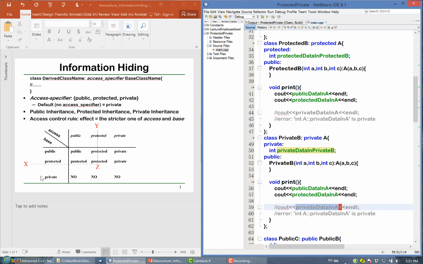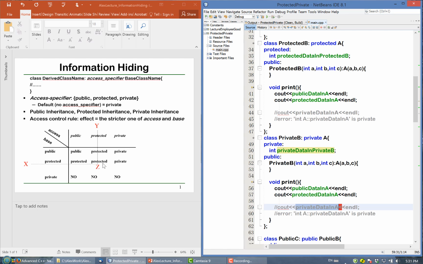Let X be the access level of some base class data and functions, and Y be the access level of the inheritance, and let Z be the elements of this table, corresponding to the X row and the Y column. For example, if X is protected and Y is protected, here this table shows Z is protected. What does this Z mean?